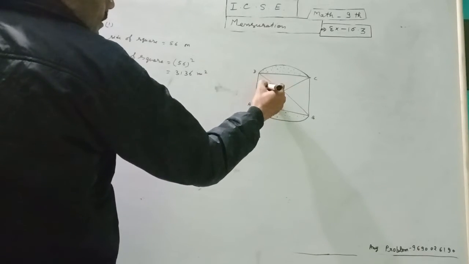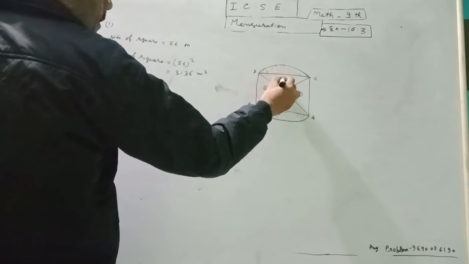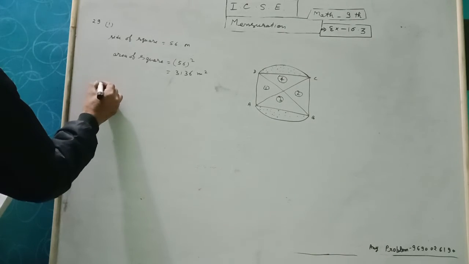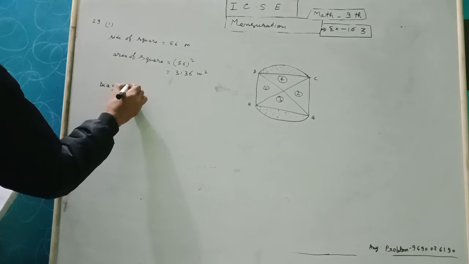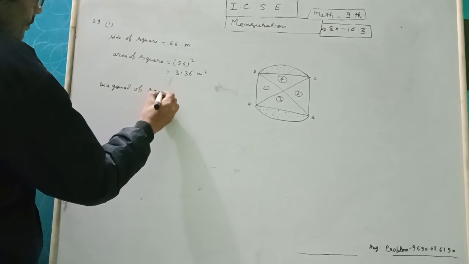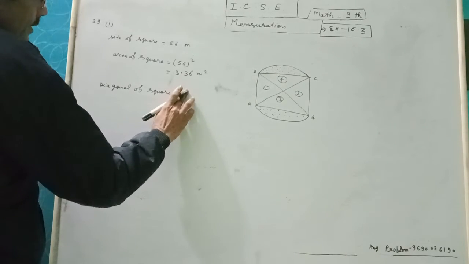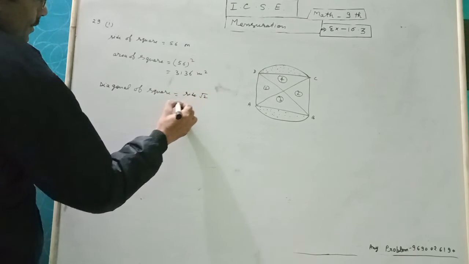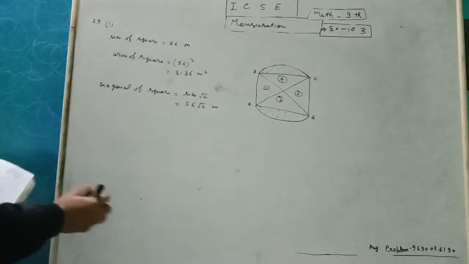1, 2, 3 or 4 equal parts. Diagonal AC. Diagonal of square is equal to side under root 2, that is the formula. So 56 under root 2 meter is the diagonal.